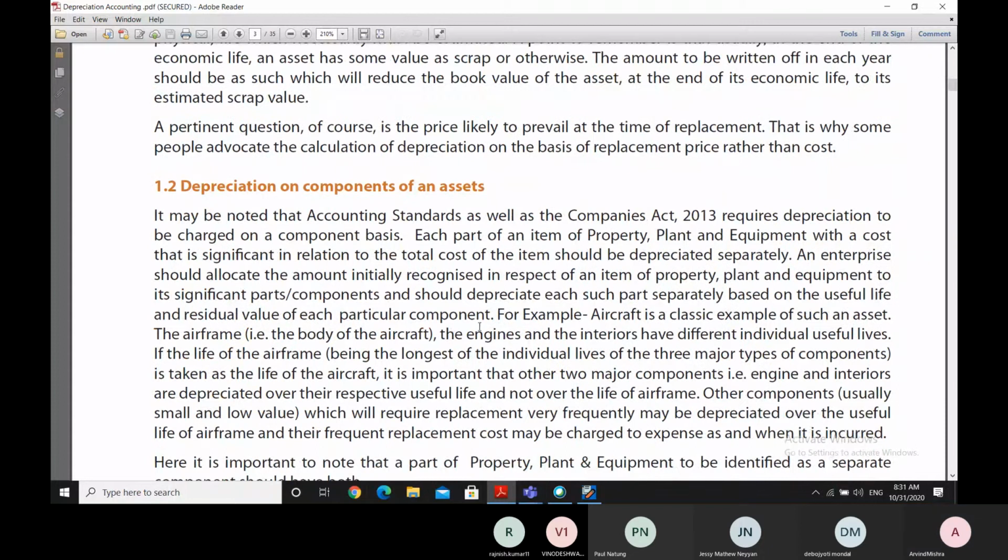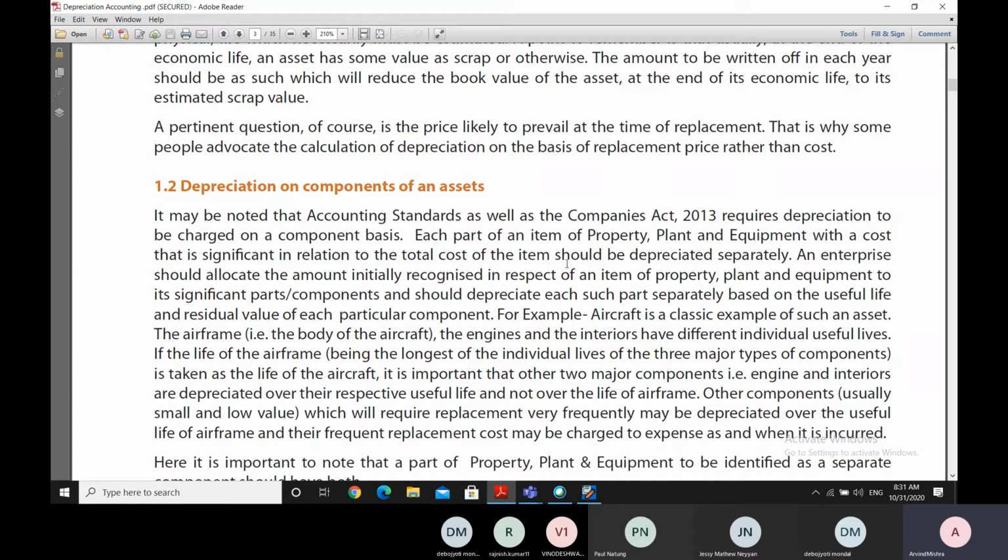Now, accounting standards as well as the Companies Act 2013 make it mandatory that depreciation should be charged on a component basis. Component means each part of an item of property, plant, and equipment which has a cost that is significant in relation to the total cost of the item should be depreciated separately.